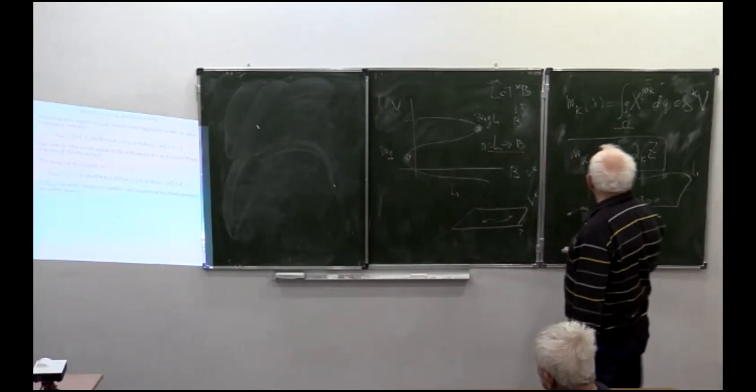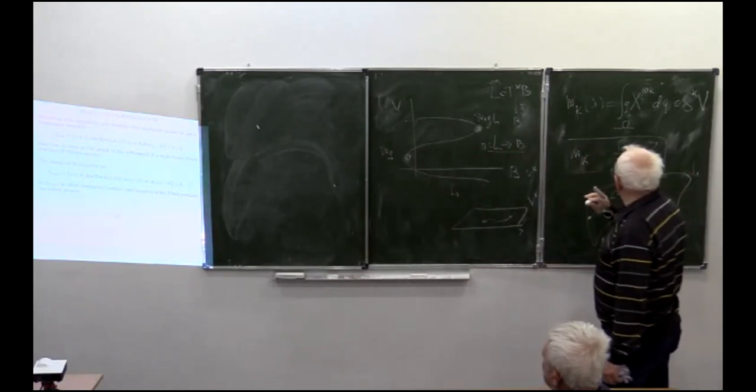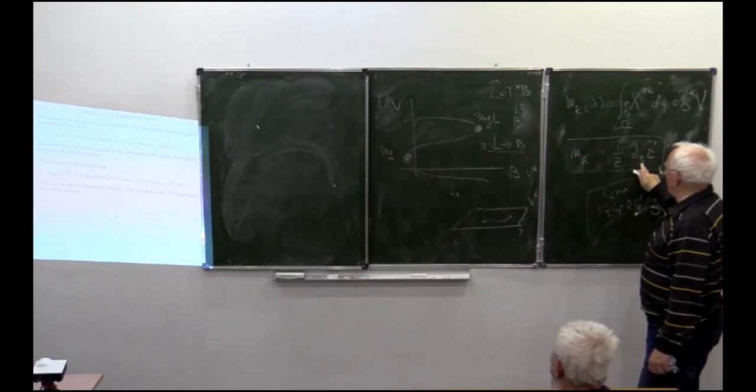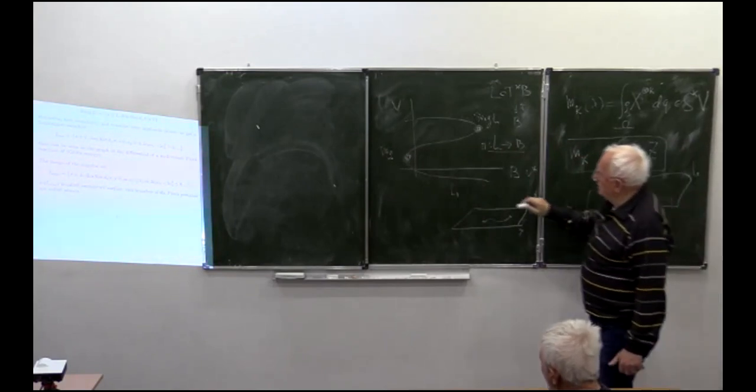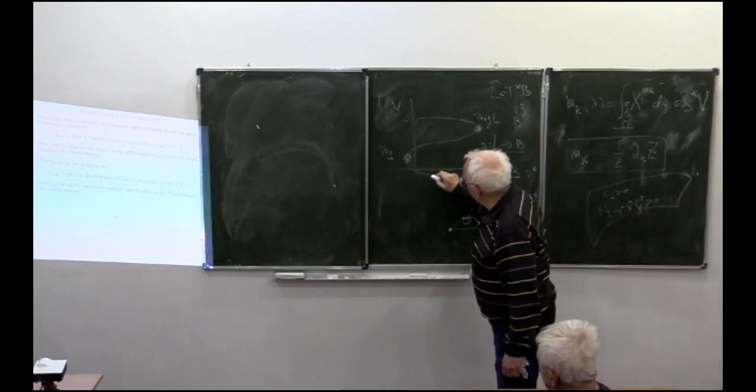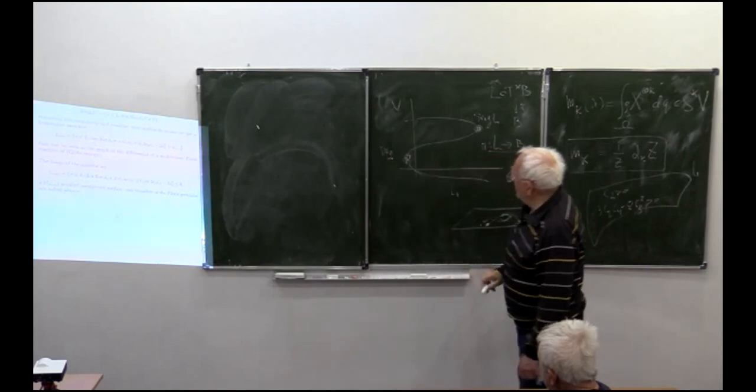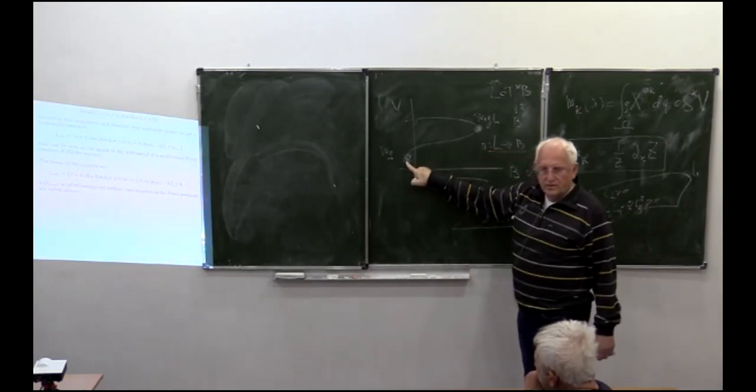As we know, it depends on the second jet of Z. So what happens with the derivatives, with the second derivatives, when we approach this point?